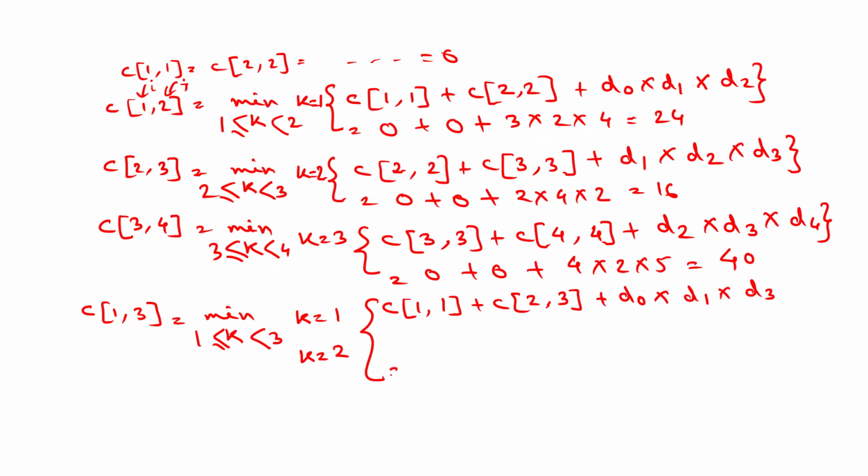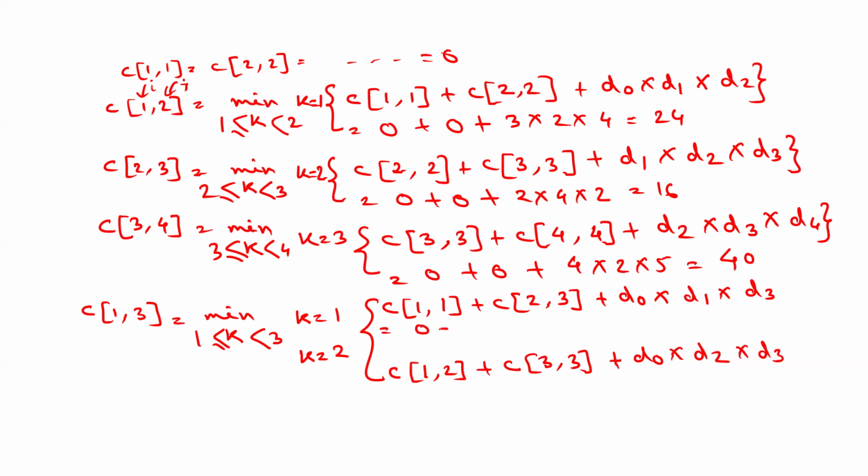And when the k value is 2, it will be C(1,2) plus C(k+1), that is C(3,3), plus d0 (d(i-1) is d0), here dk is d2 and dj is d3.